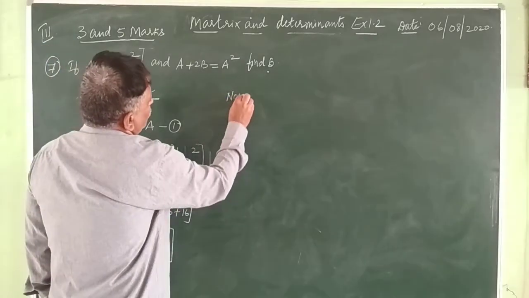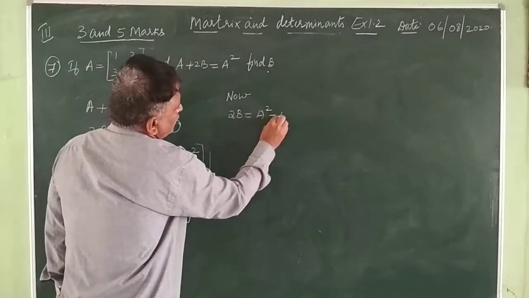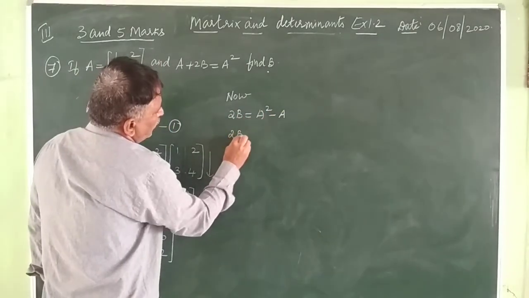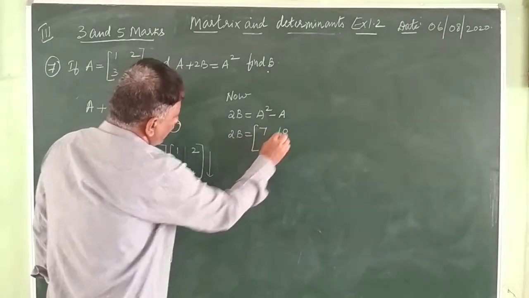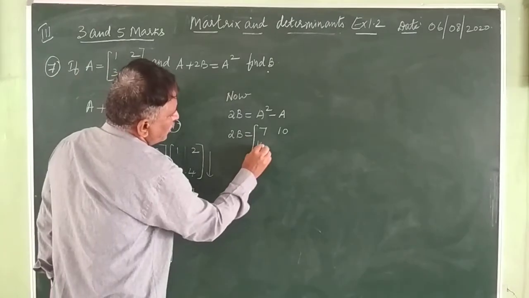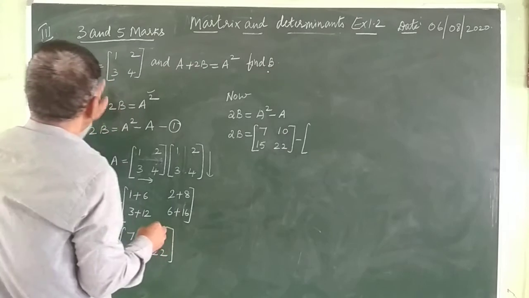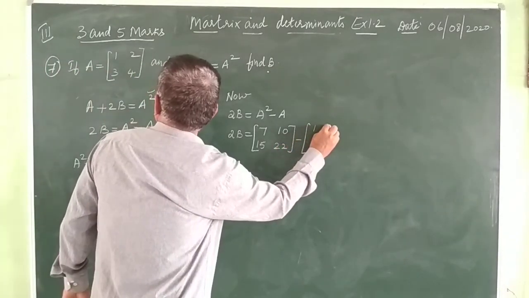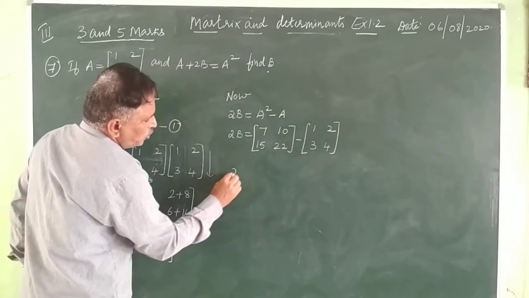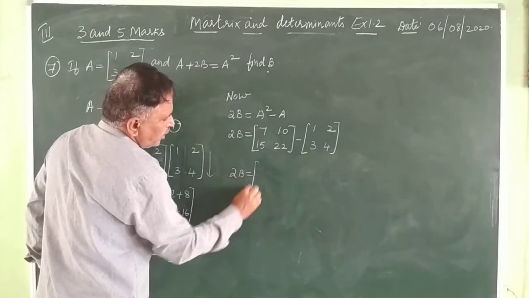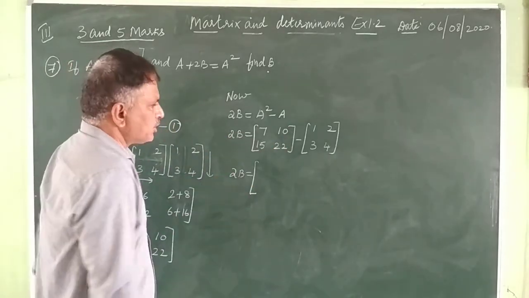Now 2 times B is equal to A square minus A. So 2 times B is equal to, what is A square we got? 7, 10, 15, 22 minus what is A we have? 1, 2, 3, 4. Remember, these two are a subtraction of matrices.